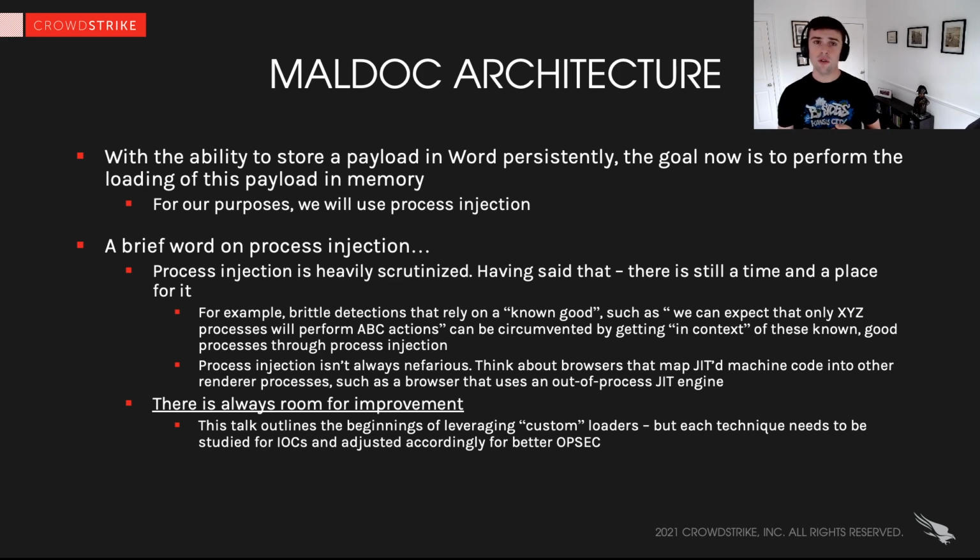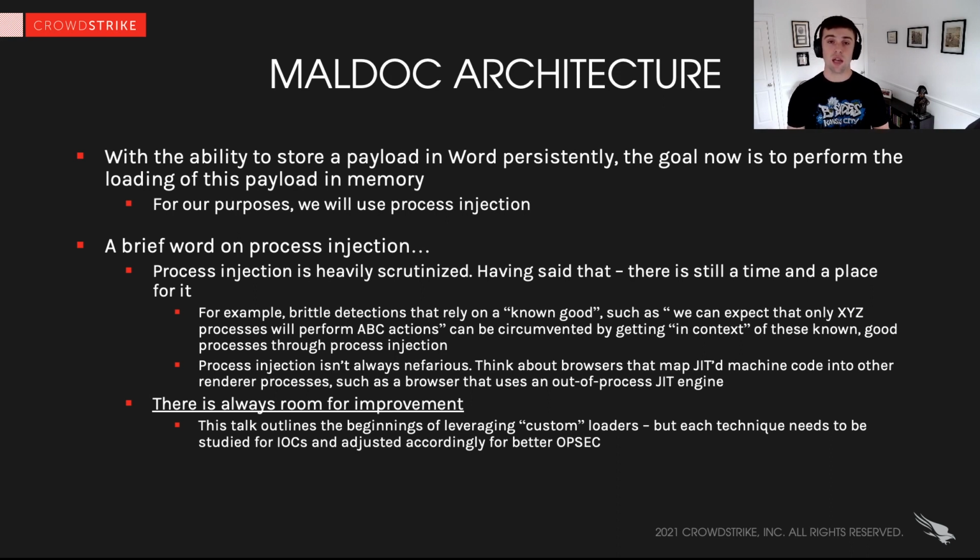For example, if there's a brittle detection that relies on a known good, such as we can expect only a given process of XYZ name to perform a given action, that can be circumvented by getting in context of these known good processes through process injection.